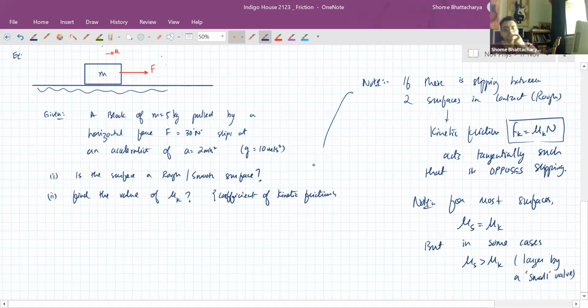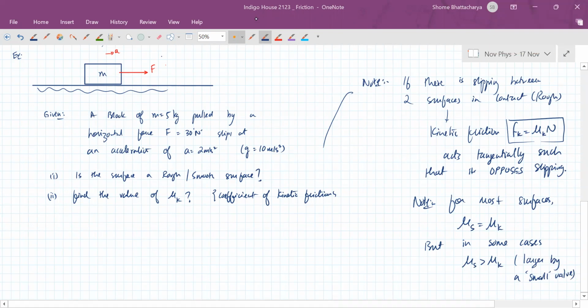It will never be that the coefficient of kinetic friction is larger. If one of the two is larger, it will have to be the coefficient of static friction, and it will be larger by a very small difference. It will not be a large difference.